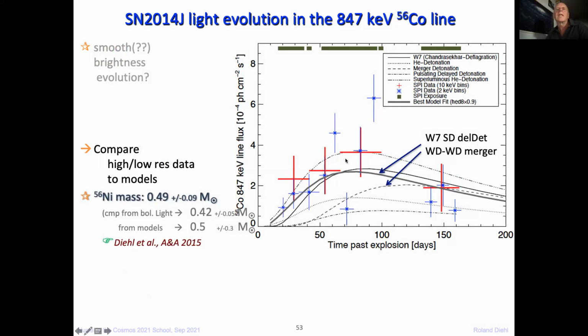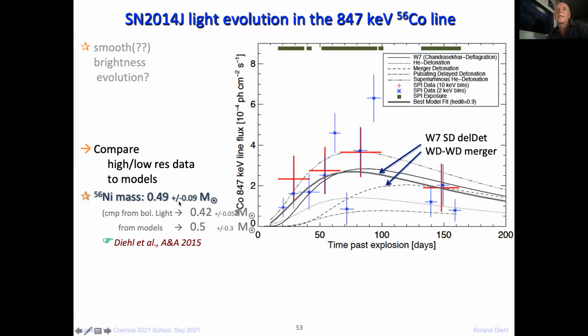Now, when you break those data points into shorter timescales of not 50 days, but rather on the order of 10 days, then you get these blue data points. They have a larger scatter, as you see here. And so you see more irregularity, but it's certainly not statistically significant because the error bars are so large. Nevertheless, from this, one could determine directly a nickel mass that is now a different determination than using the optical light.